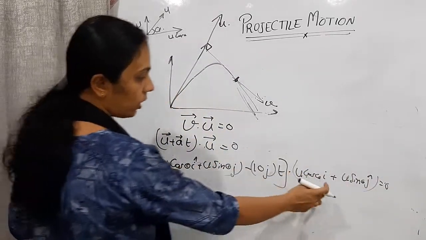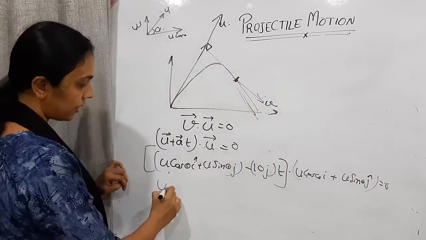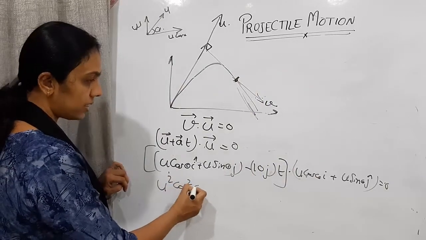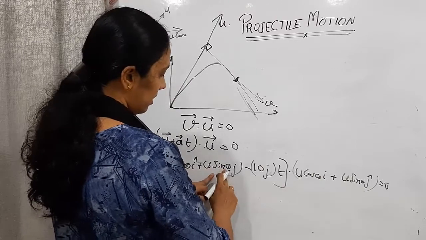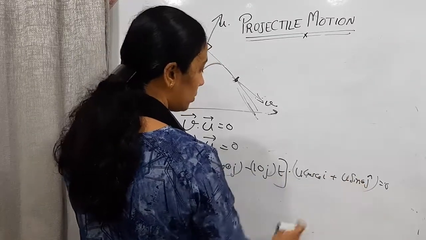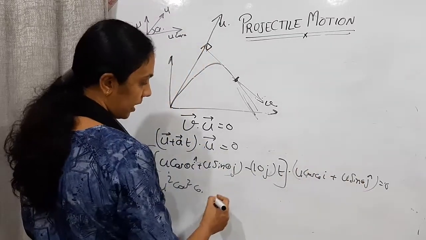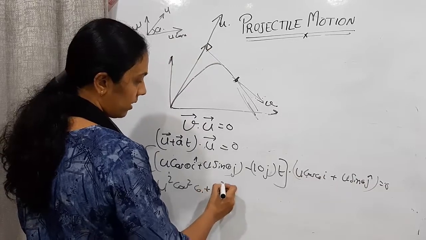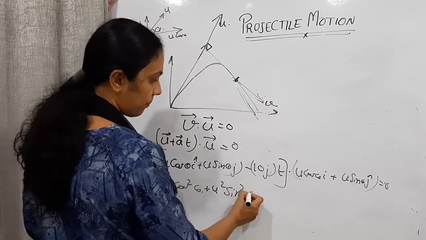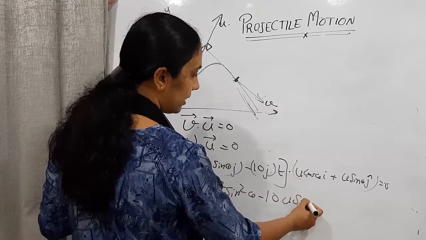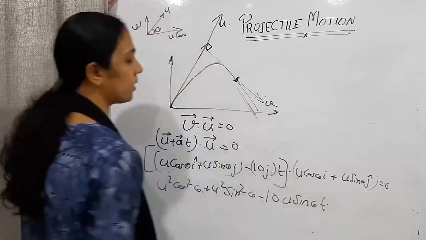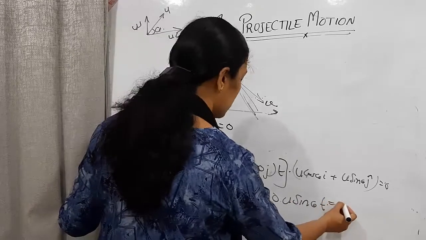So, i dot i is 1, therefore we will be getting u square cos square theta, and here it is u sin theta j cap dot u sin theta j, that is u square sin square theta, minus 10 u sin theta into t, right? That should be equal to 0.